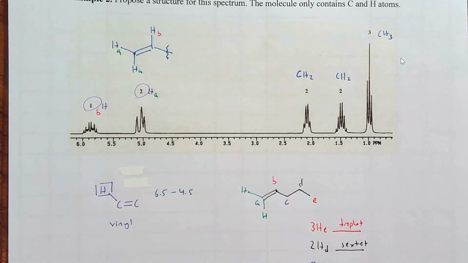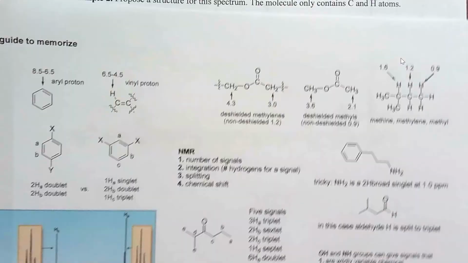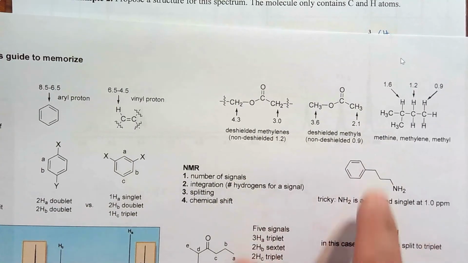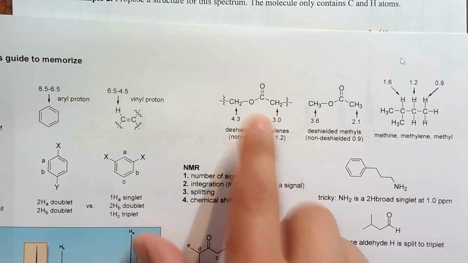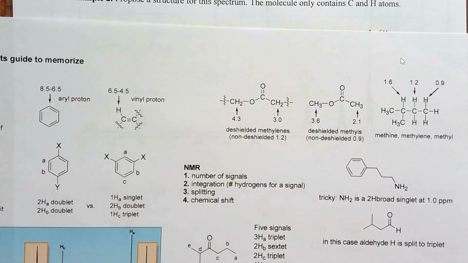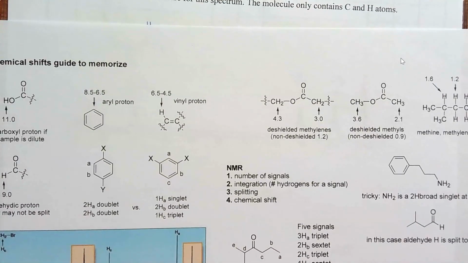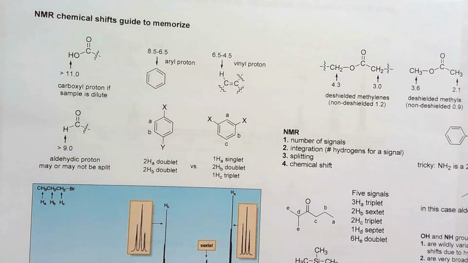I don't know if I'm going to put up a video for chemical shift. I may. I do have a study sheet that tells you some very important chemical shifts, okay, especially for the methyl groups and the CH2 groups when you're next to an oxygen. Those you'll pick up as you do more practice. Okay. Maybe I'll make this available as well. It's a little study sheet. Whew. NMR.